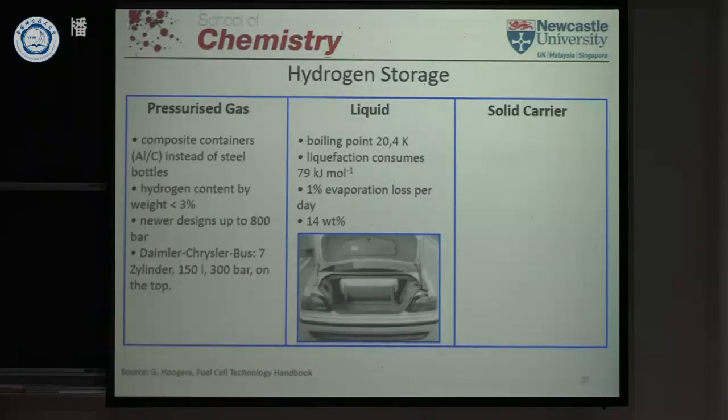Everybody can understand that, even when it's under high pressure. The problem, though, is that since the boiling point of hydrogen is very low, about 20 Kelvin, you need energy to make that liquefaction. And that consumes about 80 kilojoule per mole to bring it into the liquid state.